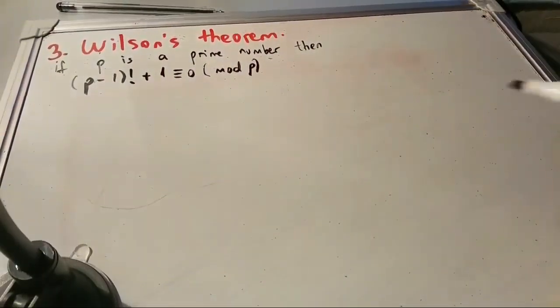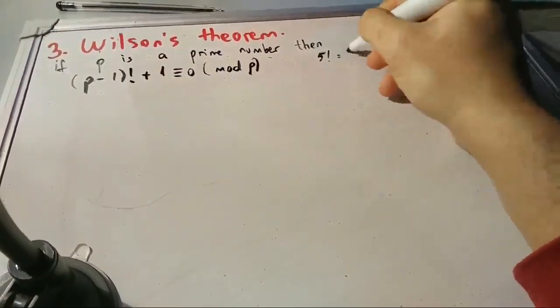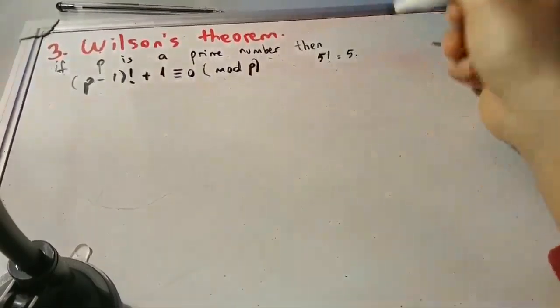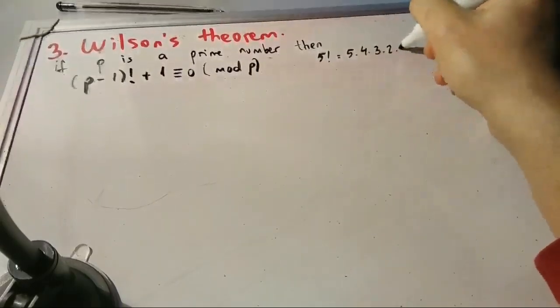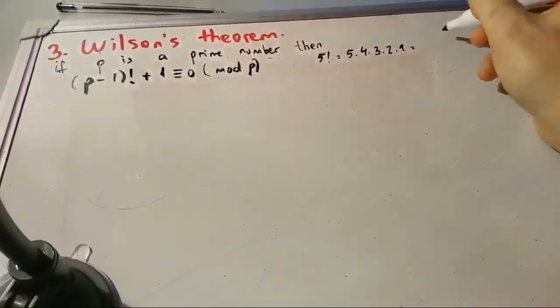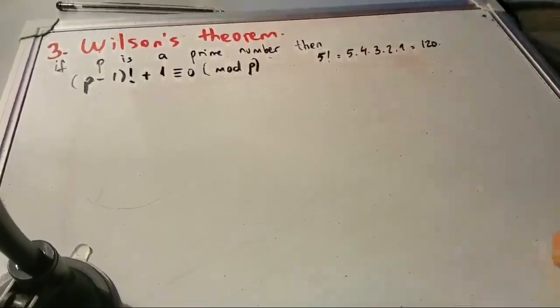First, remember the factorial. What is 5 factorial? We take the product of all numbers from 5 to 1: 5 times 4 times 3 times 2 times 1, which means 120.